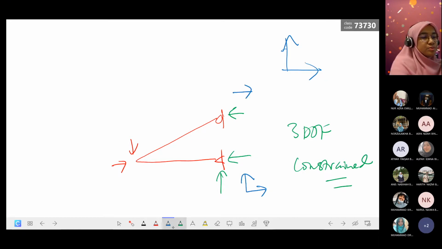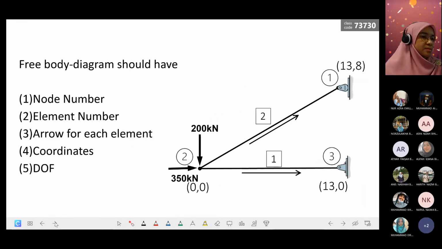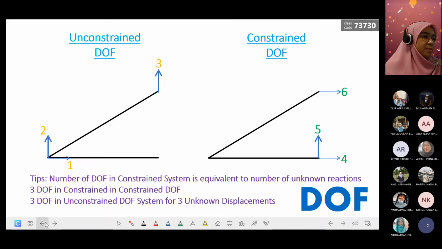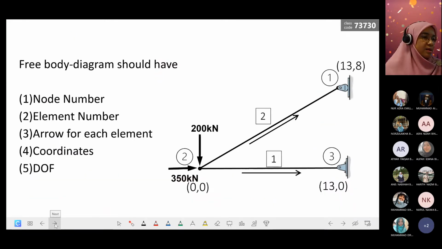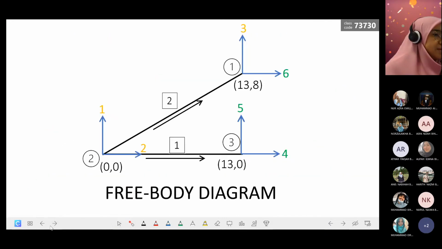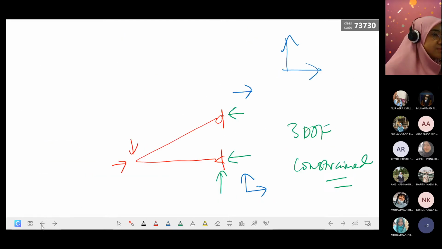Yang biru. Tapi tadi dia naik ke atas, madam. Okey, kejap. Jadi yang ni dah faham kan? Kita tengok balik yang tu. Nampak tak? Yang ni. Sini. Yang ni constraint.